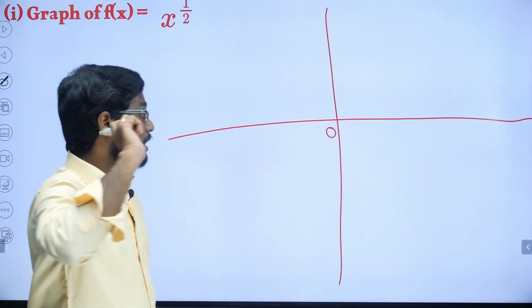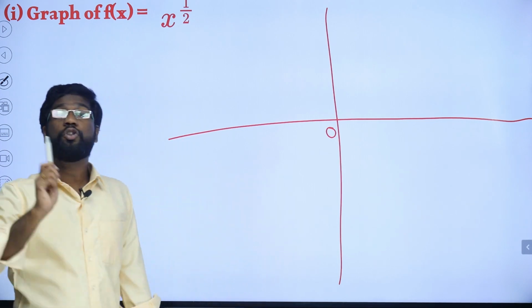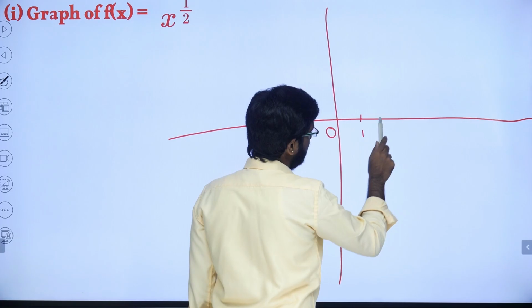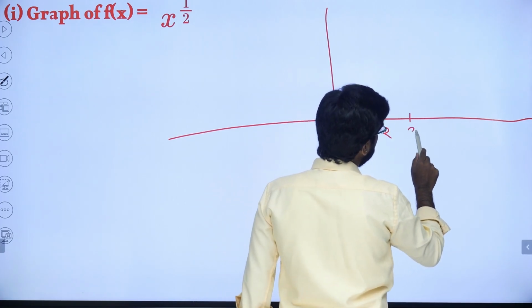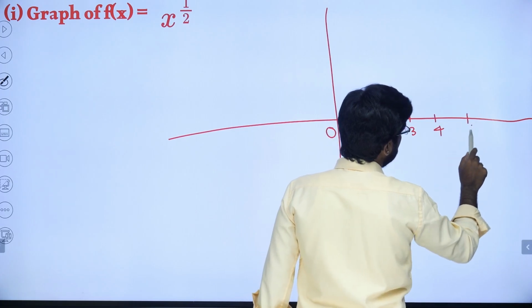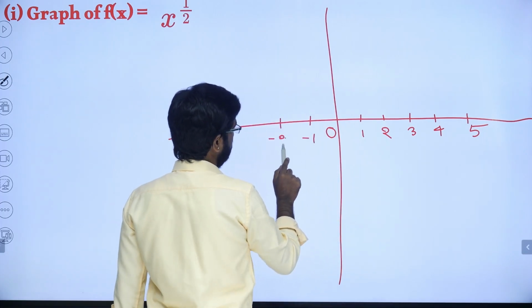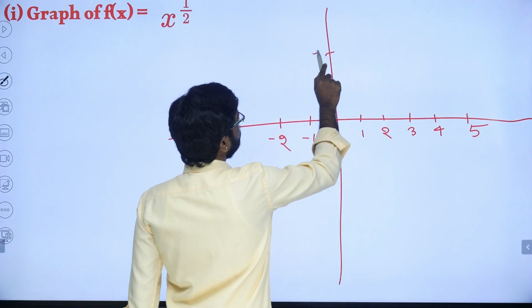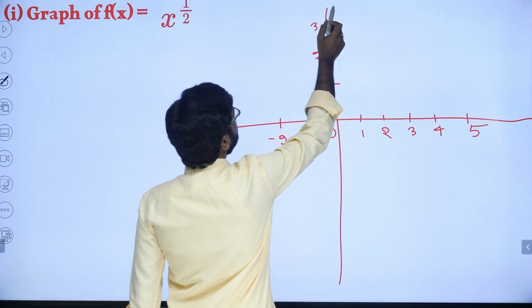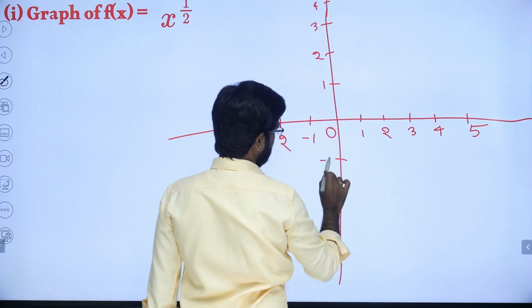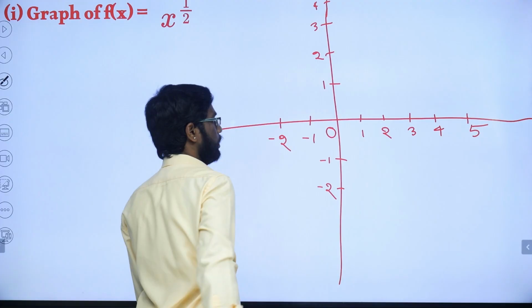Even for drawing the graph, domain matters a lot, because without the domain, it's very hard for us to draw the graph. 1, 2, 3, 4. So here minus 1, minus 2.